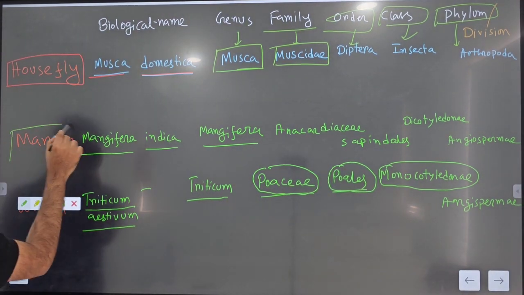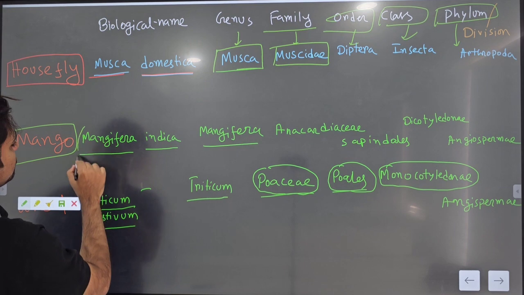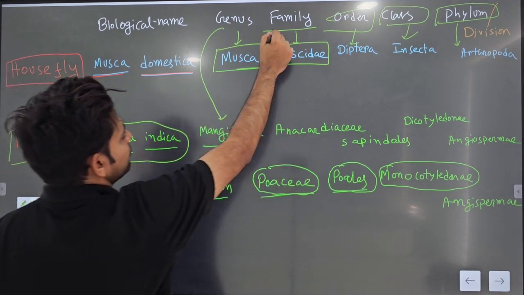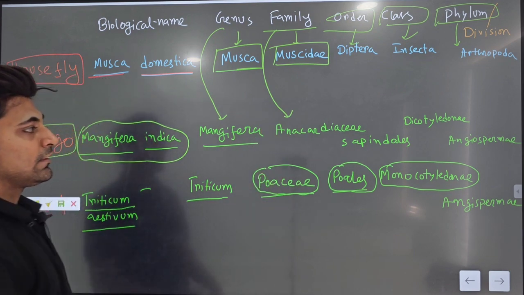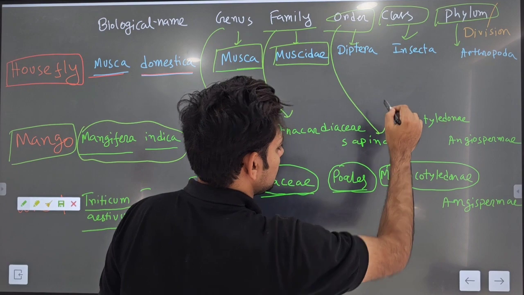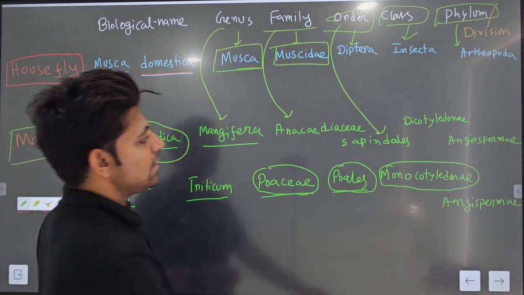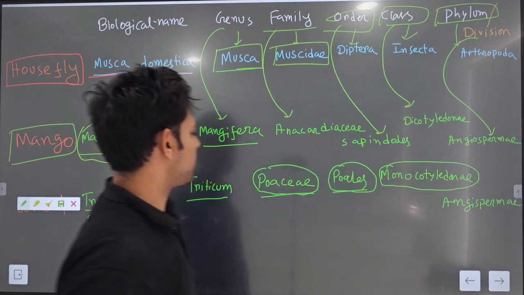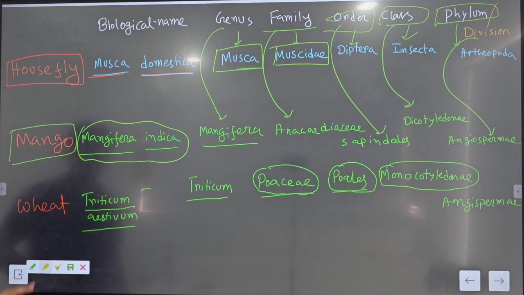Okay, now mango. Mango's scientific name is Mangifera indica. Genus of mango, Mangifera. Family Anacardiaceae. Order Sapindales. Class Dicotyledons. Division Angiospermae. Then wheat.